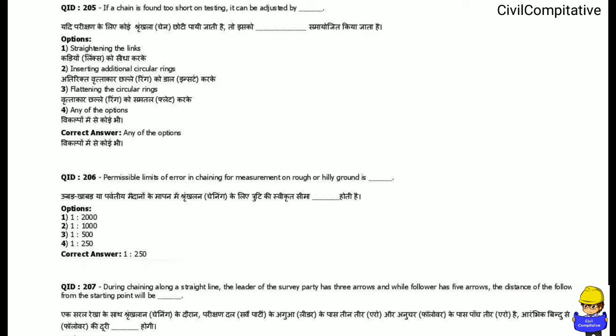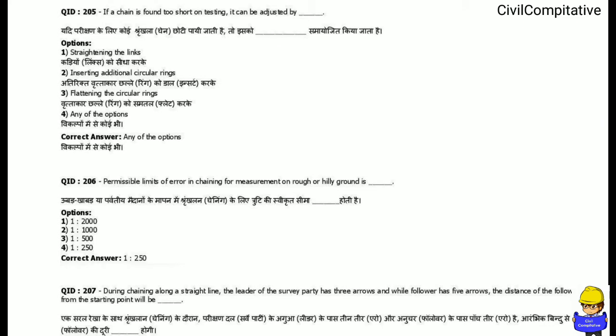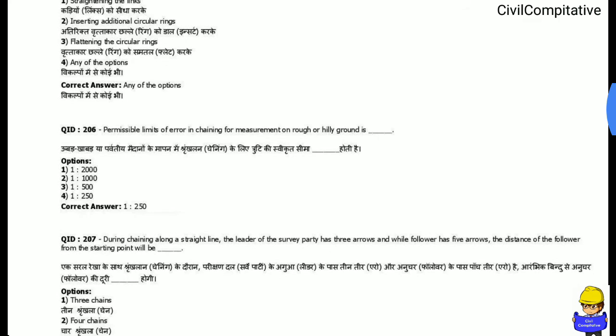If the chain is short, we can add an additional ring. Next is flattening the circular ring. To increase the length, the ring could be flattened using a hammer and so on. The last option is any of the above. All the options are correct, so the last option would be the answer.